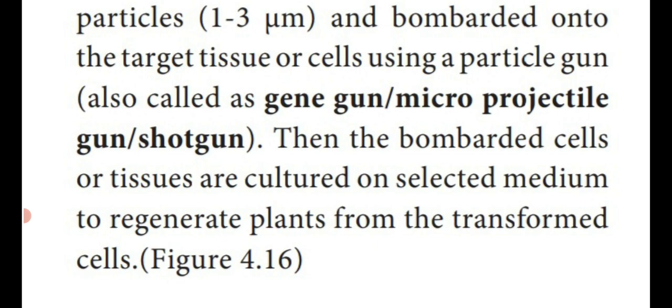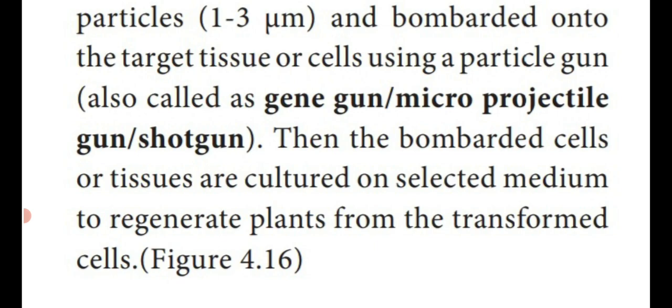This biolistic is also a very important 3 mark and 5 mark question. In this method, foreign DNA molecules are coated with gold or tungsten particles of 1 to 3 micron and bombarded, that means forced onto the target tissue region or cell using a particle gun.